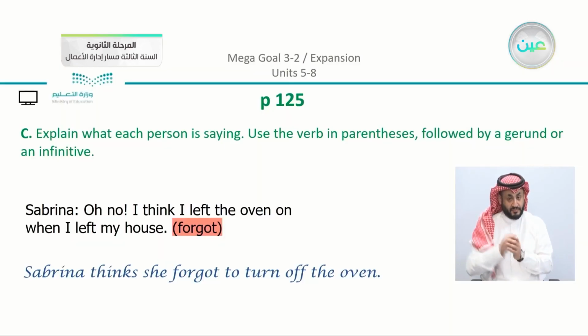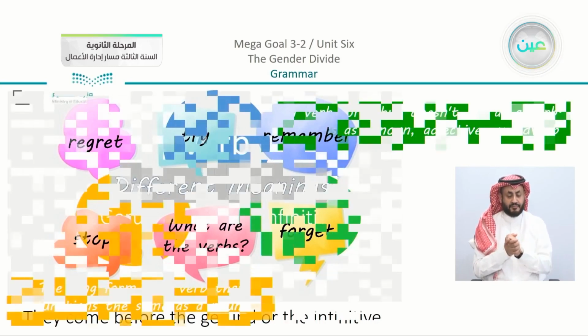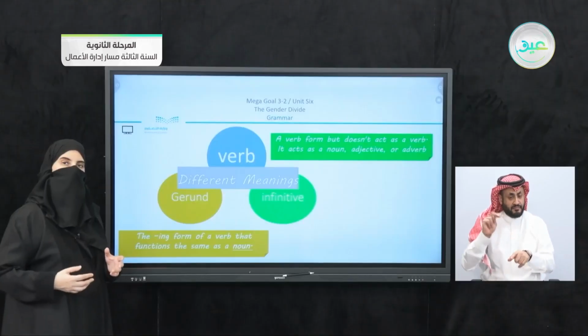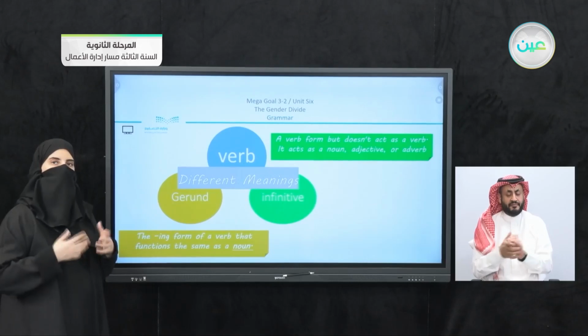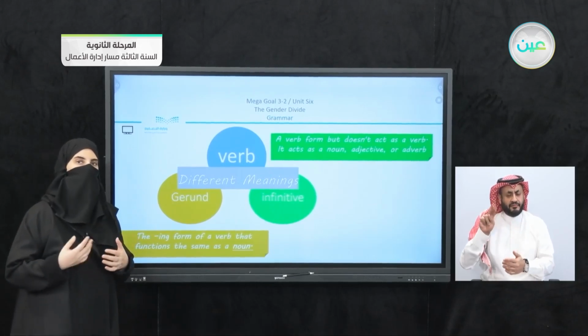Do you remember when we studied this part or the grammar lesson in Unit 6? We mentioned that we have different verbs like regret, try, remember, stop, and forget. These 5 verbs, we can use them with either gerunds or infinitives. We explained the difference: a gerund is a word that has an ing. It looks like a verb, but actually it functions as a noun.